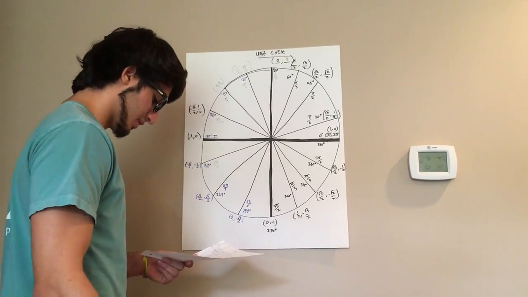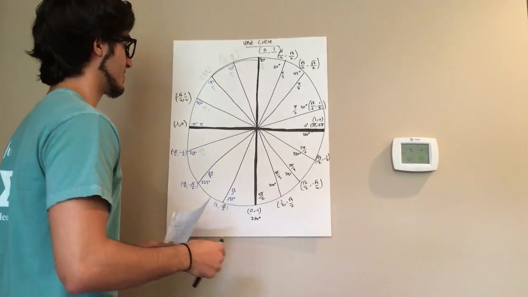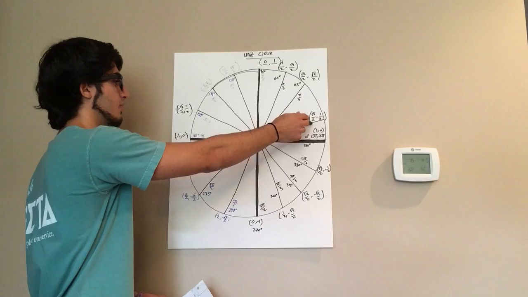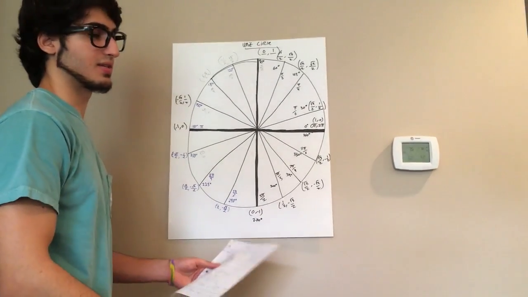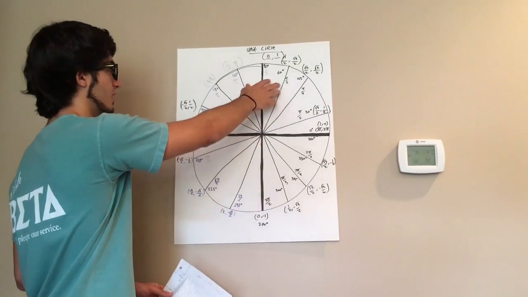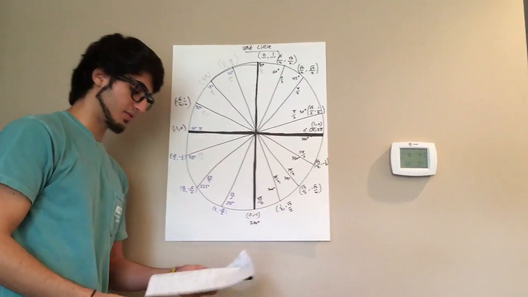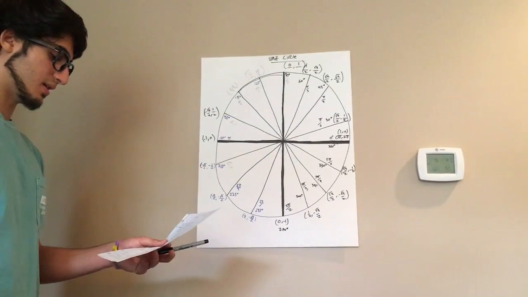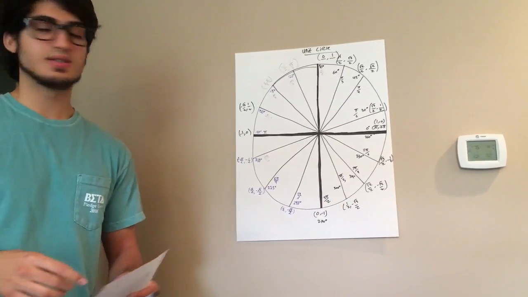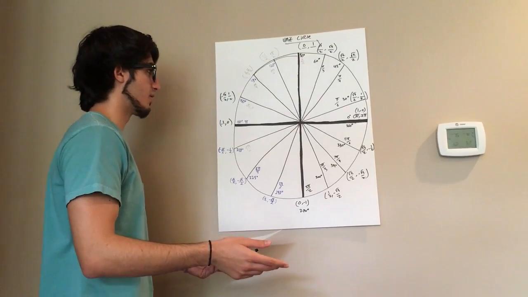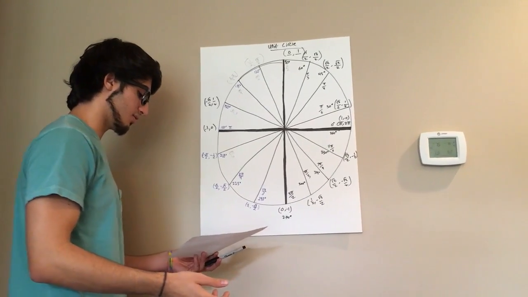But, yeah, so coterminal angles, it's actually fairly simple. If you're given an angle, a coterminal angle would be the same spot if you added 360 degrees. So let's say from 60 degrees, a coterminal angle there would be 420 degrees, and then from 30 degrees that would be 390 degrees.